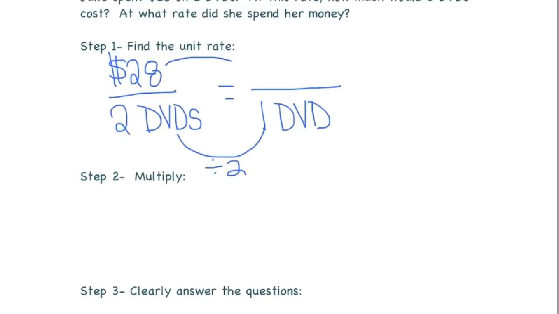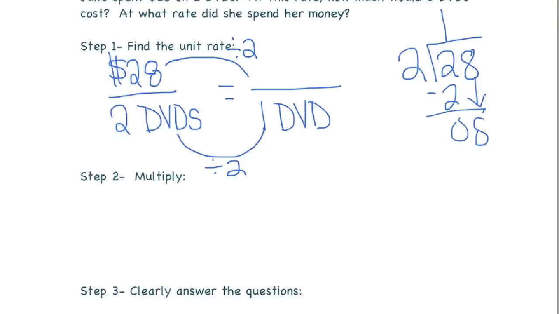So we're going to do the same thing here: 28 divided by 2. Let's do the math off to the side. 2 goes into 2 once. Bring down our 8, and 2 goes into 8 4 times. So we're left here with $14. What that means is our unit rate is $14 per one DVD. So one DVD costs $14.